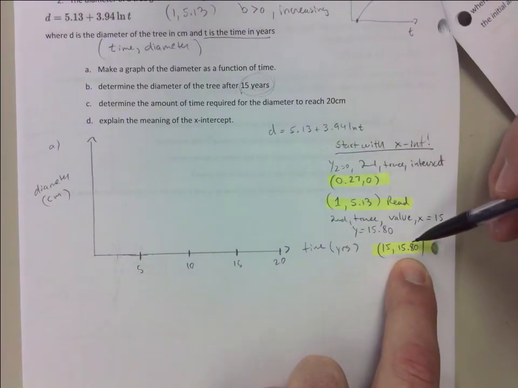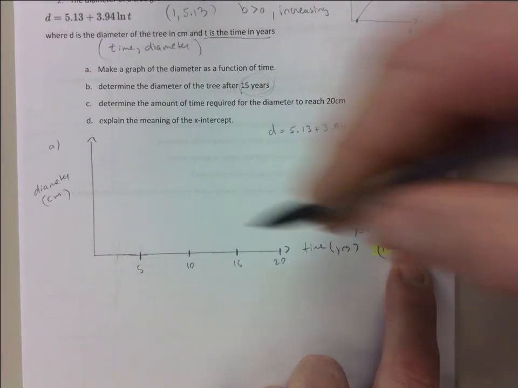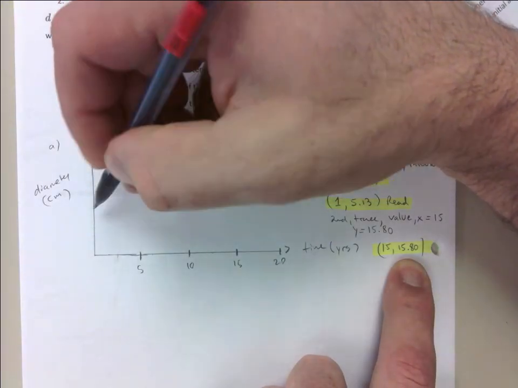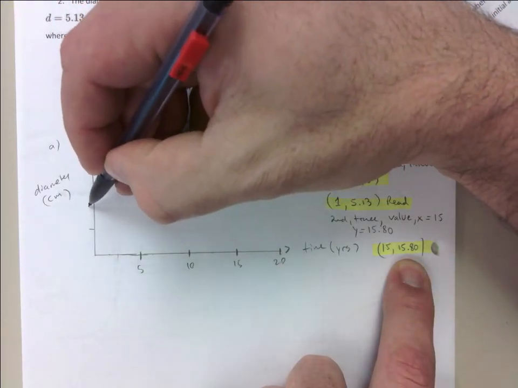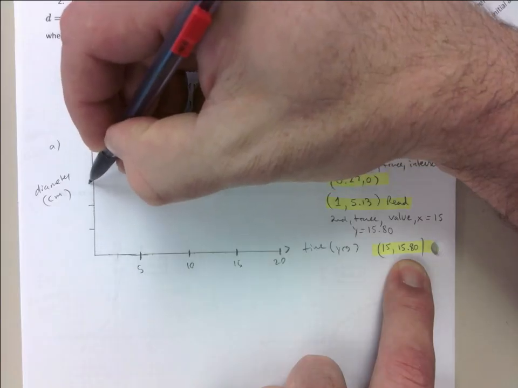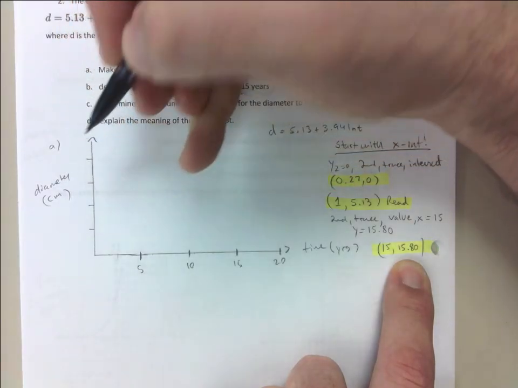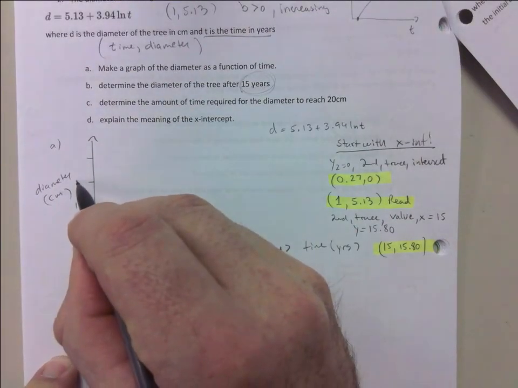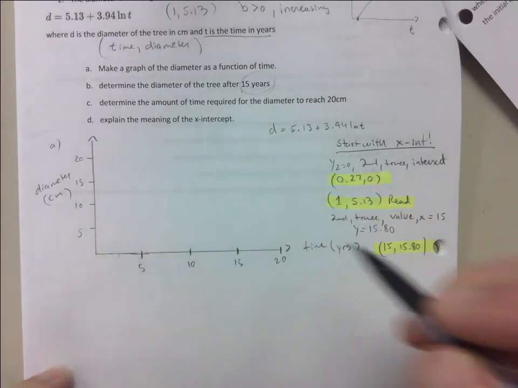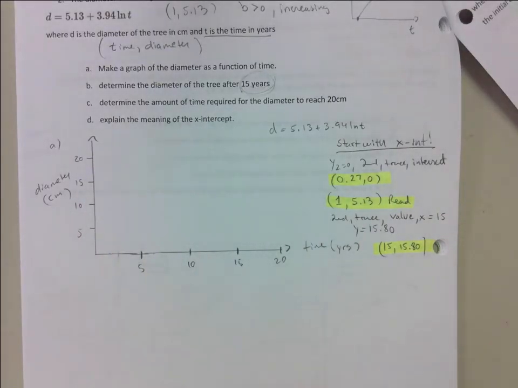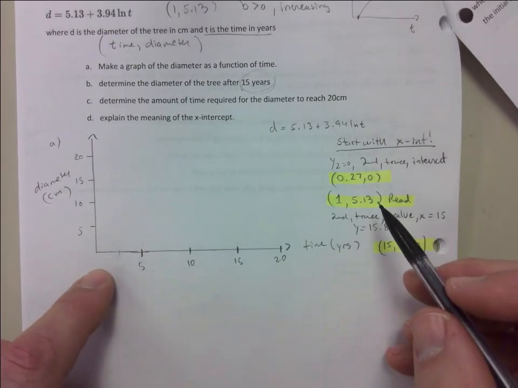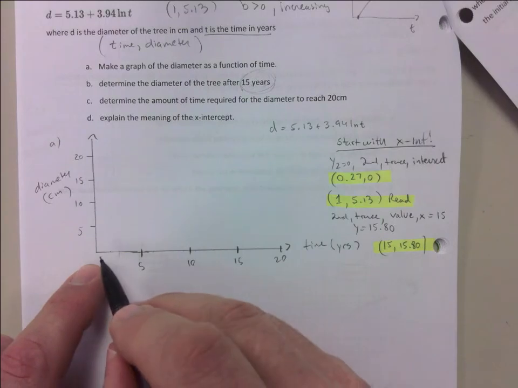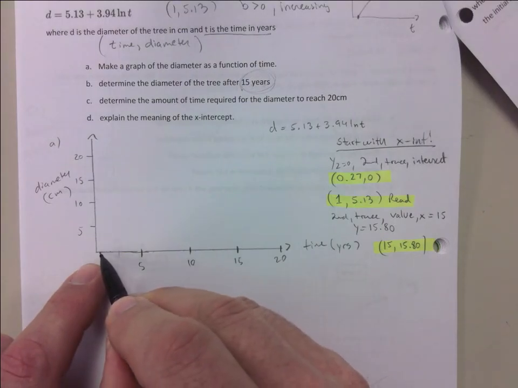I need to go all the way to 15.80 here, so I have to be a bit smaller. So 5, 10, 15, 20. I'm going to do the same increments, but you can tell that the gaps are smaller, and that is okay. The x-axis and the y-axis can have different scales. So let's plot them. 0.27, 0 is like right here.